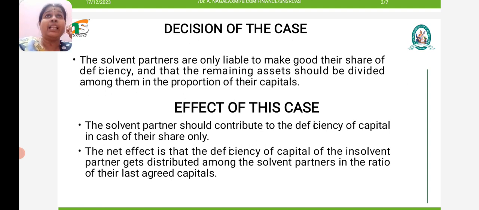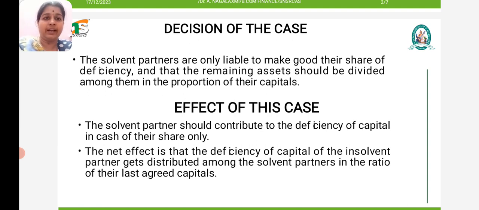See, again I am repeating. That is, they should not take that amount from their capital account to settle this. Instead, they are instructed to bring cash. That is, he has to bring the deficiency amount only from an outside source, that is, his personal source. This is the first effect.